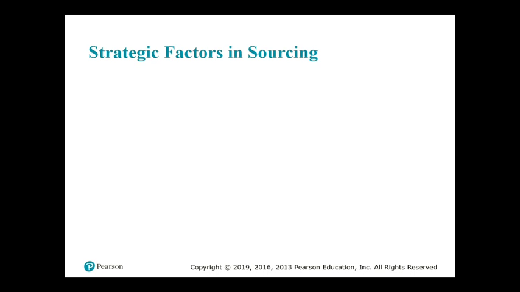So finally, there are still some strategic factors in determining whether to outsource or not. One is whether outsourcing is aligned with our business strategy or not. Right? So certain companies have business strategies that align with outsourcing or misalign with outsourcing.